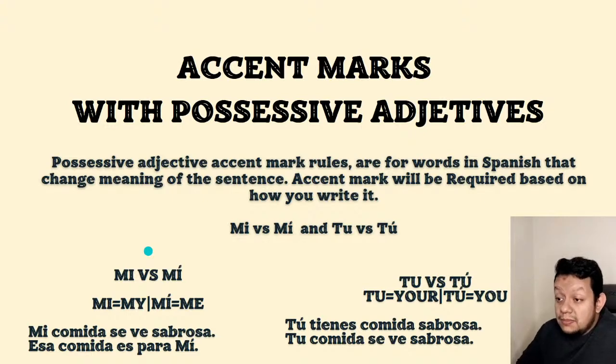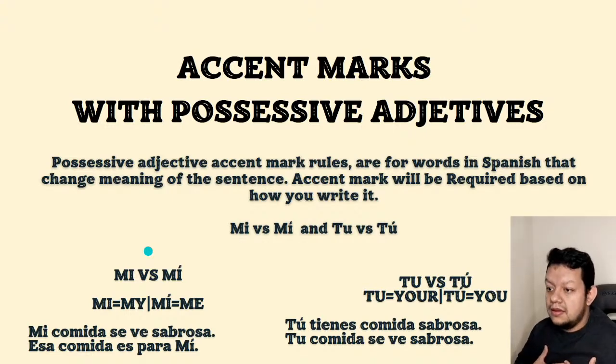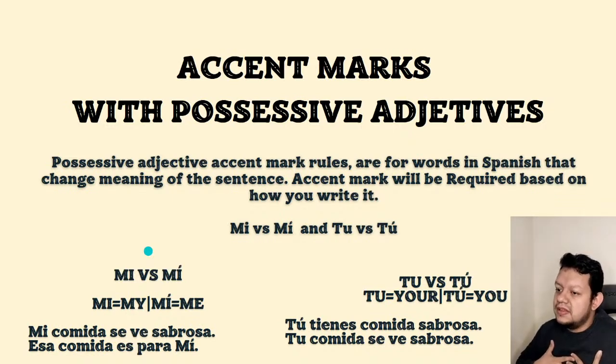So mi without an accent mark means my, like my stuff. Possessive adjective, that's what it means. It means you're talking about something that belongs to you in the sentence, or something that belongs to he or she, they, you, and so on. And then the other one, mí with an accent mark, is talking specifically about yourself or that person specifically. So mí, de mí.